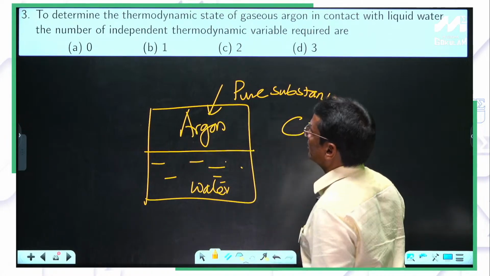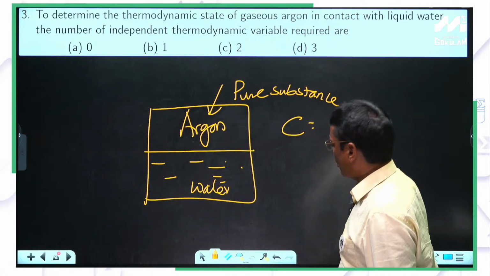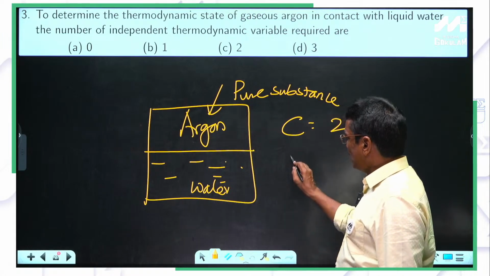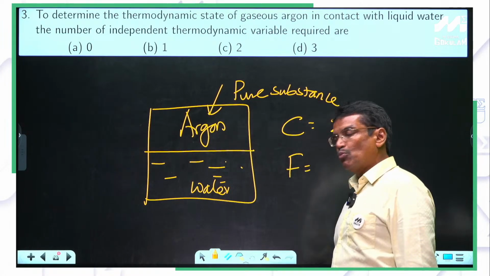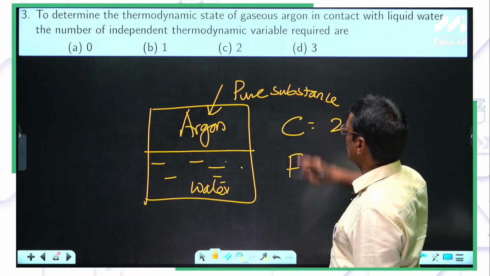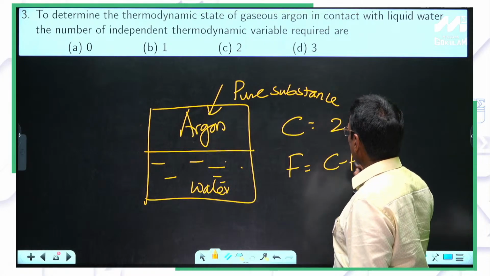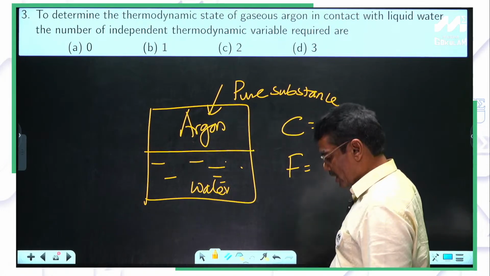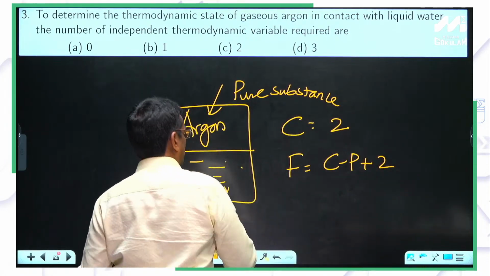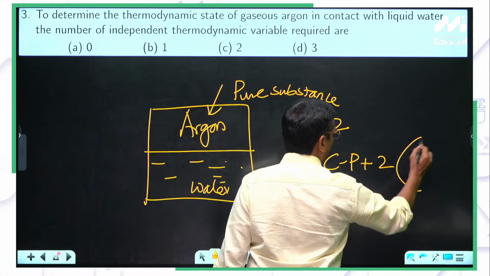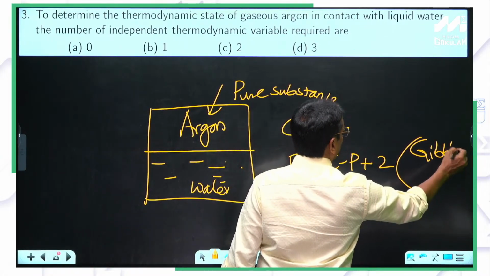Argon plus water. The number of independent thermodynamic properties, the minimum number of intensive properties or thermodynamic variables required, is F equals C minus P plus 2. This is called the Gibbs phase rule.